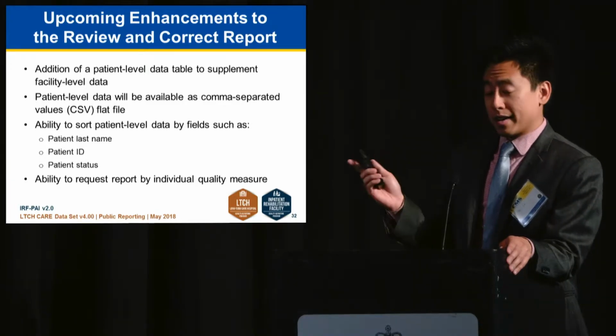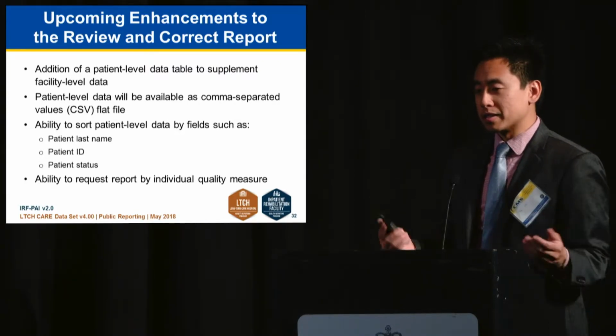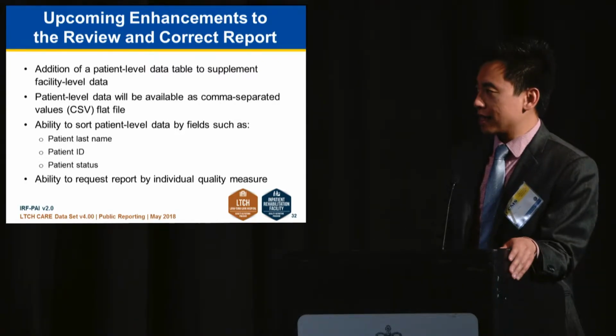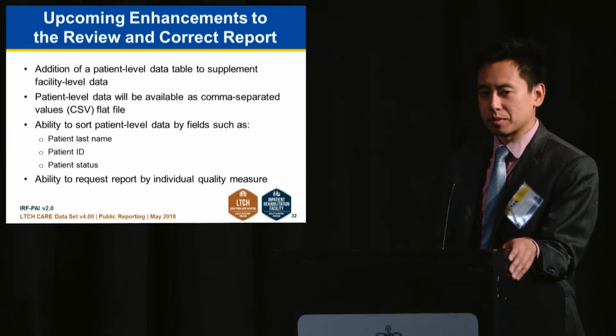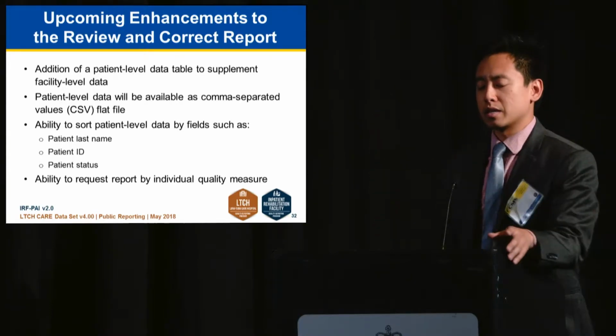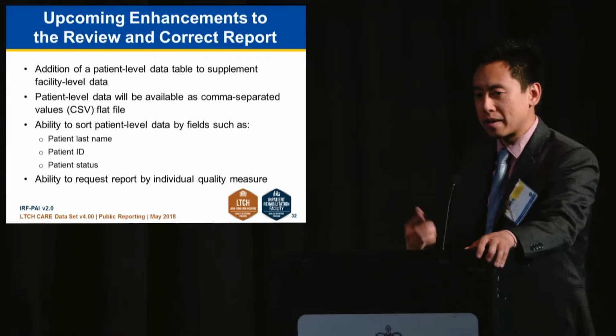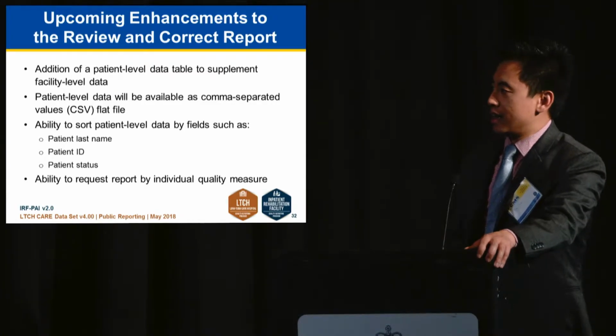Right now, you see only the facility level data, and the new review and correct reports coming out next spring will add in patient level data to supplement the facility level data. So it will be pretty clear which set of patients go with which quarter of data you have at the facility level. So it'll be a lot easier to track.